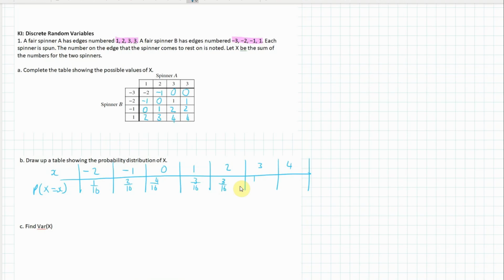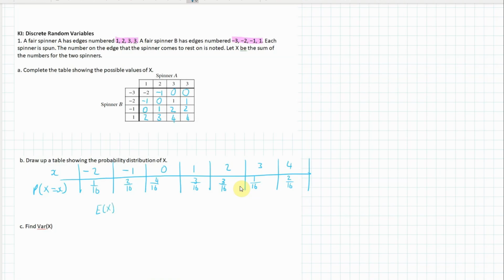There's 1 3, so 1/16. And there are 2 4s, so 2/16. Now, theoretically, they should all add up to 16. So 2, 3, 6, 9, 13, 15, 16. Perfect.